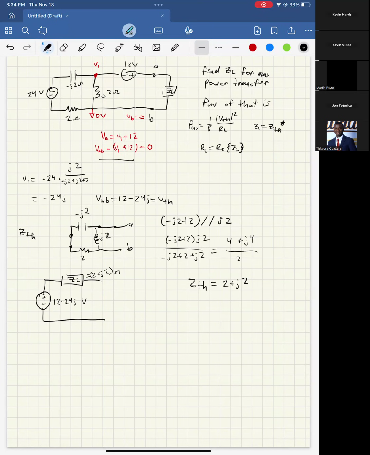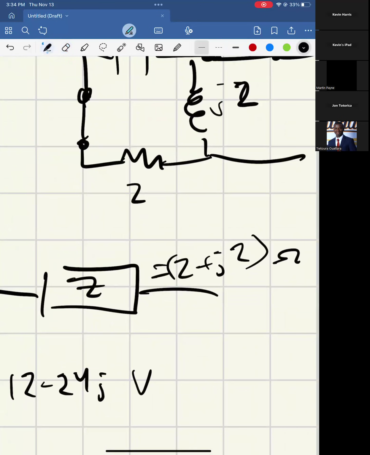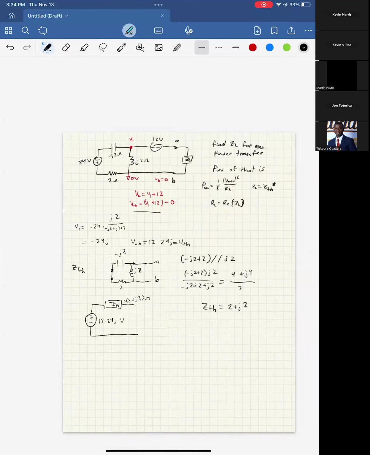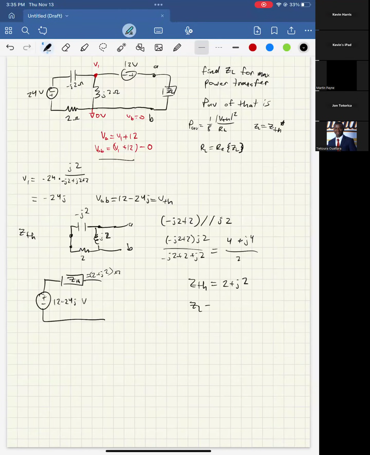Oh, is ZL not supposed to be the conjugate of ZTH instead? Yeah, good catch. I wrote the wrong thing here. This is ZTH, and then yeah. So now ZL is going to be ZTH conjugate, and that's going to be 2 minus J2, right? Good catch. So this was our A and B.